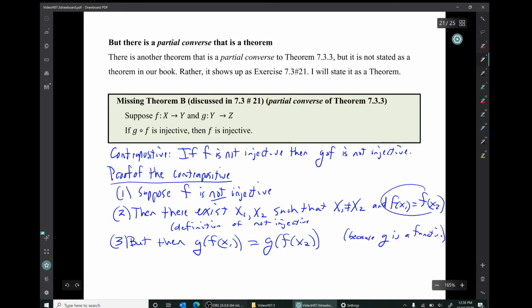If I take these two things that are equal and we feed them into g, the outputs are going to be equal because g is a function. If you feed it one input, you get out one output. So these two things are equal. They're the same element, and so their outputs are the same.